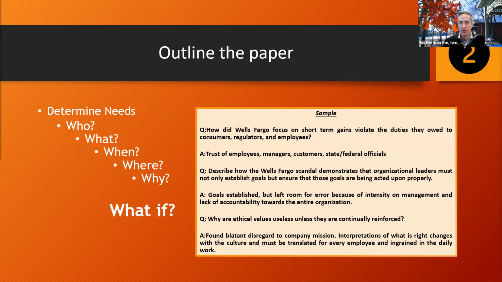And as you're outlining the paper, do your basic journalistic thing: who, what, when, where, and why. Right. Who did what to whom, when, where, and why. But also step back and ask, what if? What if Wells Fargo had a better ethical education program?